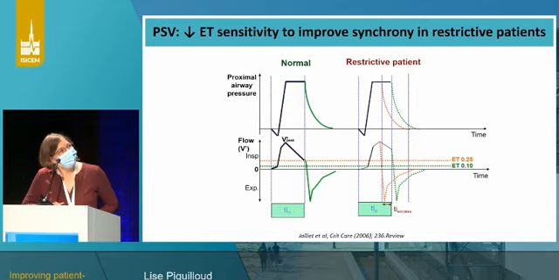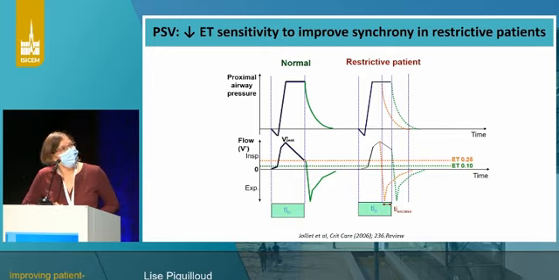And you see that if you keep 25 as the expiratory trigger setting, the pressurization time is very short. And the only solution to increase this pressurization time and to have a value closer to the neural inspiratory time is to change the threshold for the transition between inspiration and expiration.